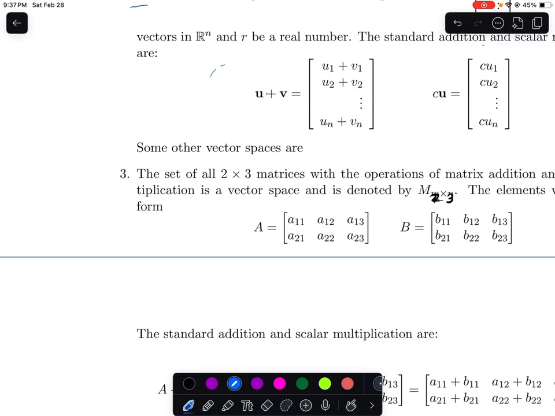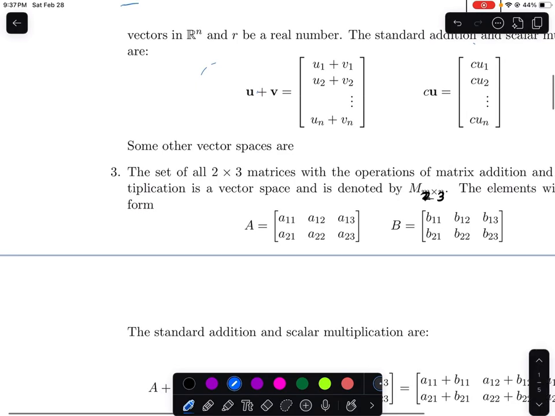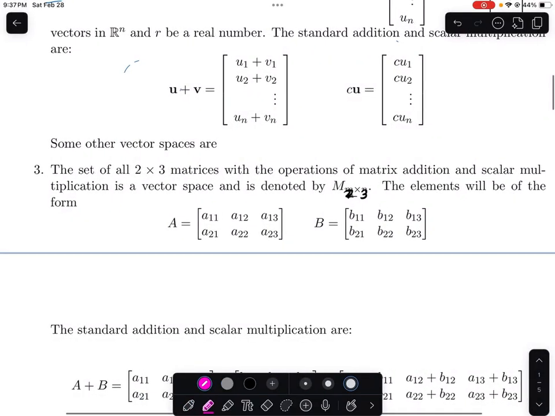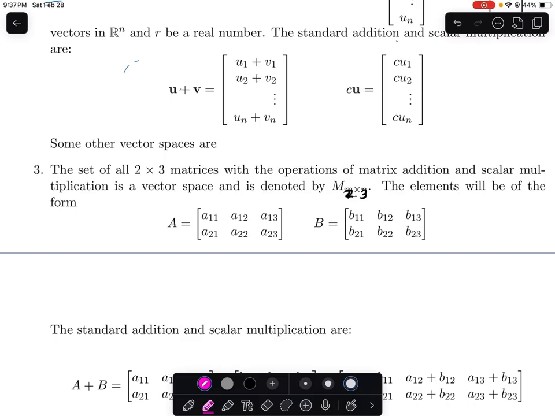So for example, the set of all 2 by 3 matrices with the operation of matrix addition and scalar multiplication is a vector space and is denoted by big M 2 by 3. So whatever the size of the matrix is, we put it under this M for matrix.